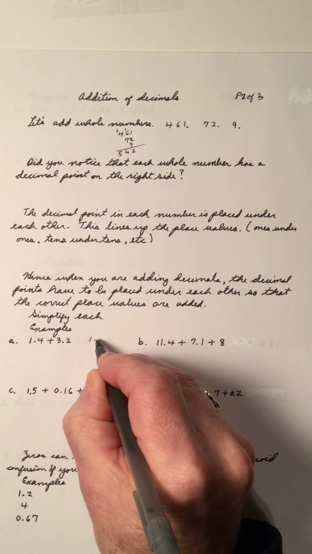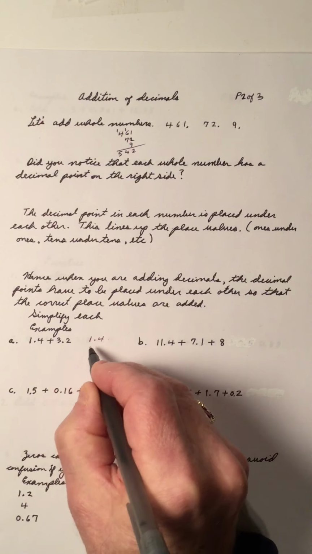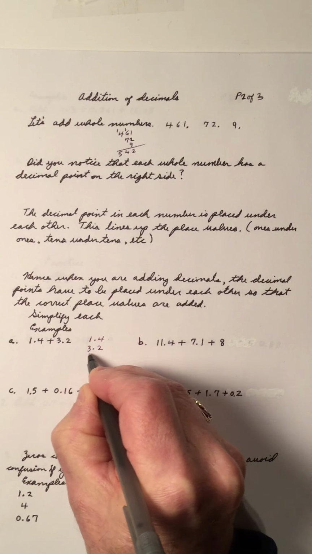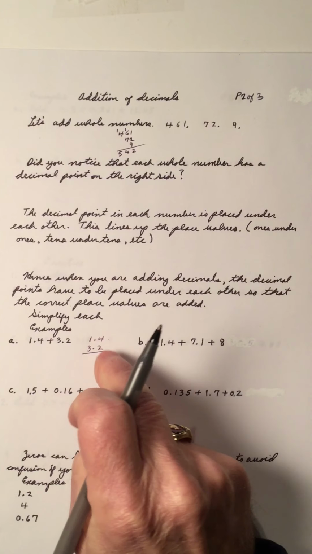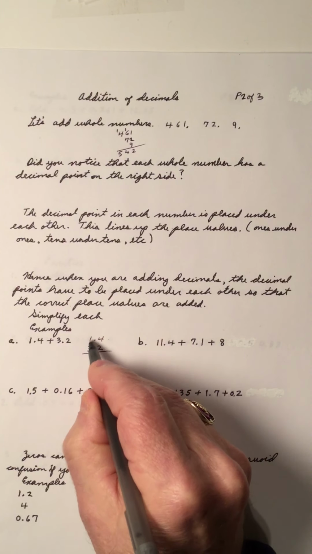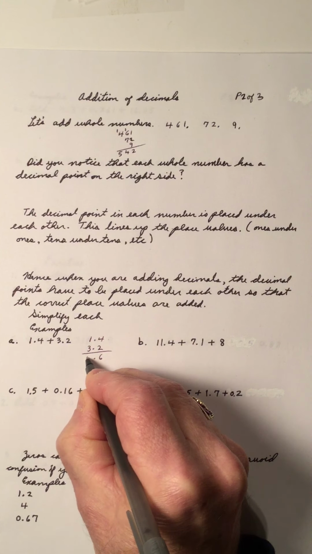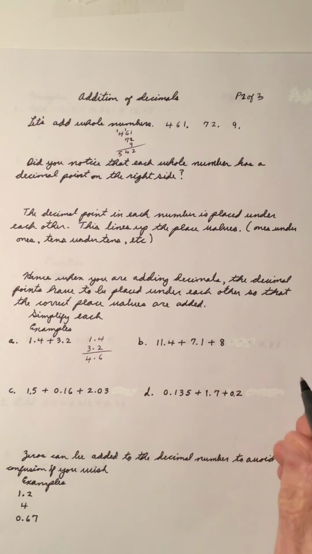1.4 and 3.2. So the decimals are lined up underneath each other. Now when we add, we have the right place values, the tenths and the 1s and so on. So 6 and 4, easy to add.